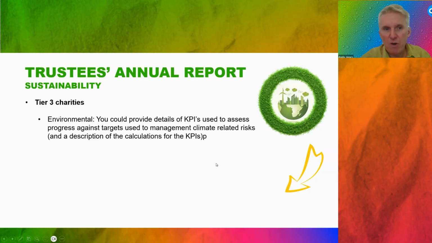So in terms of environmental, well, the SORP sets out that you could provide some details of KPIs that you use to assess your progress against some targets that you've set to manage climate-related risks.